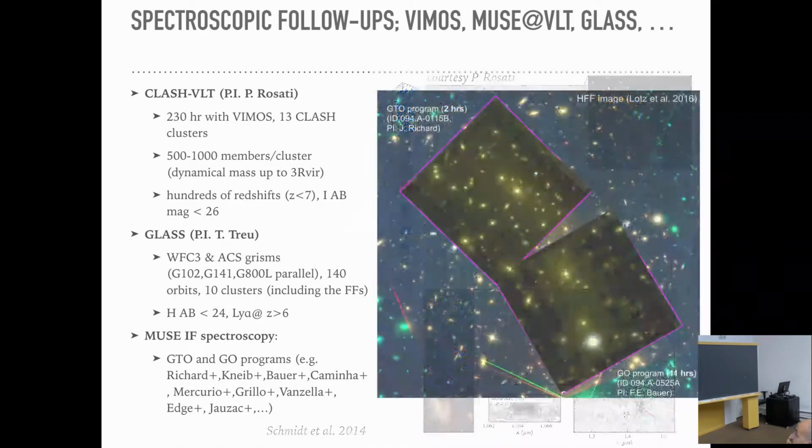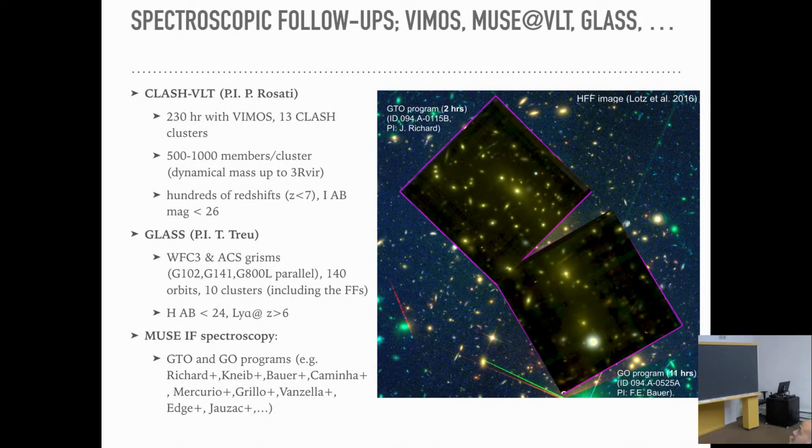And MUSE is really an amazing instrument for this kind of science, because MUSE has a field of view which is exactly the right size to capture the strong lensing region around the core of a cluster.